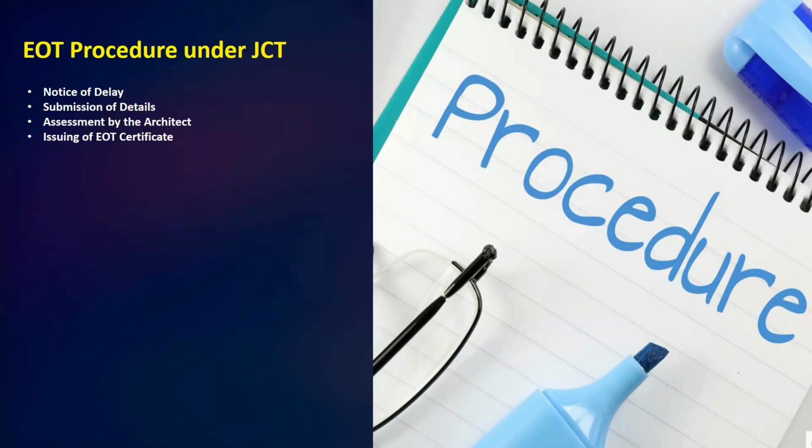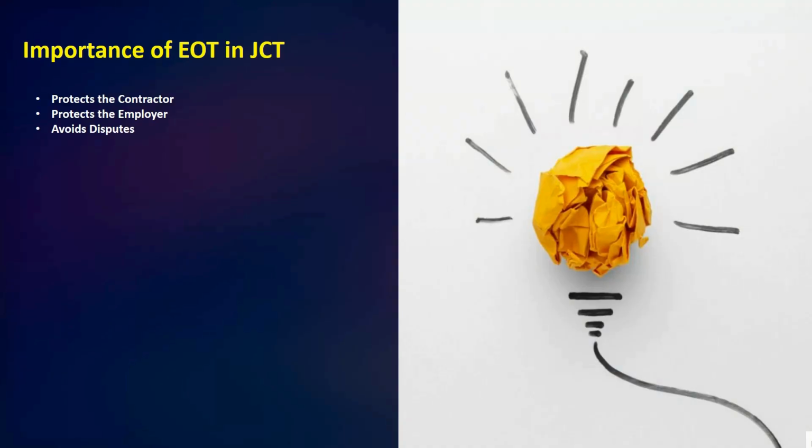Next we have the importance of EOT in JCT. Here you can see it protects the contractor and the employer, and helps avoid disputes. So EOT is not just a formality; it is a protection mechanism.